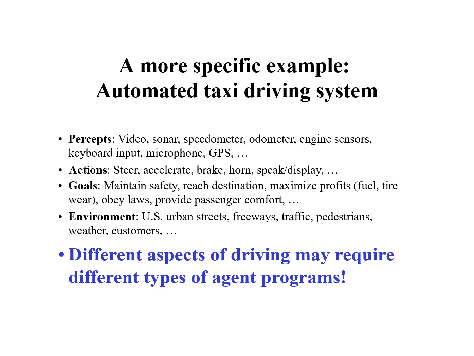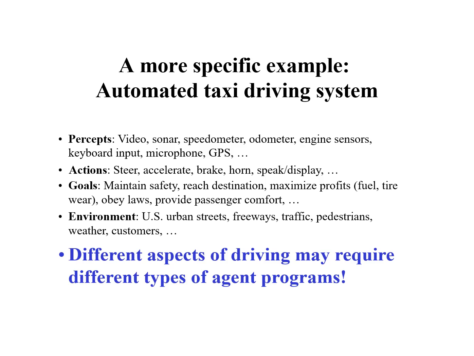Actions include steer, accelerate, brake, horn, speak, and display. Goals include maintaining safety, reaching the destination, maximizing profit, that is, reducing fuel, tire wear, etc., obeying laws, and providing passenger comfort. The environment used here is US urban streets, freeways, traffic, pedestrians, weather, customers.